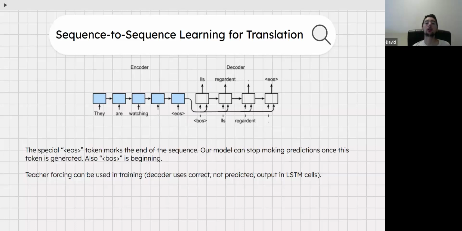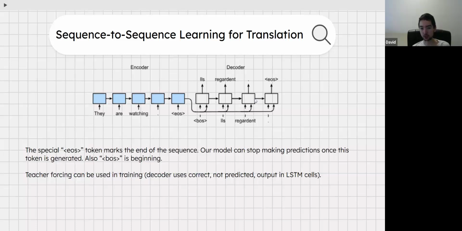Now, for inference, this makes a lot of sense. However, for training, usually when we train this sequence-to-sequence architecture, we want a way to ensure that the decoder prediction is correct.